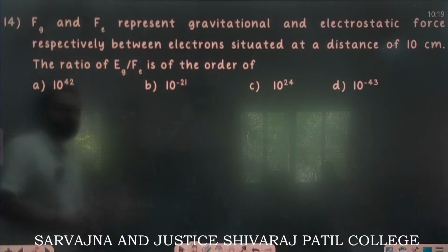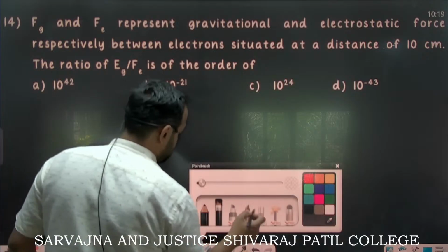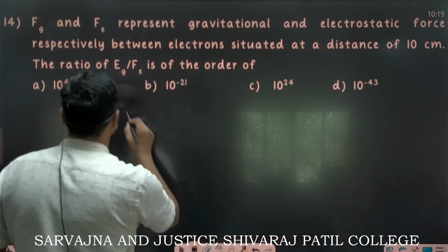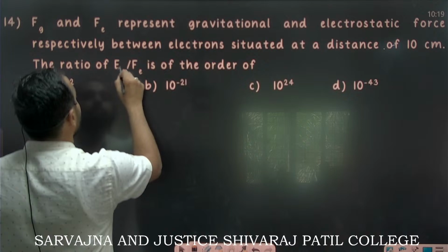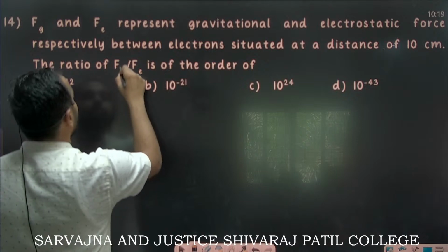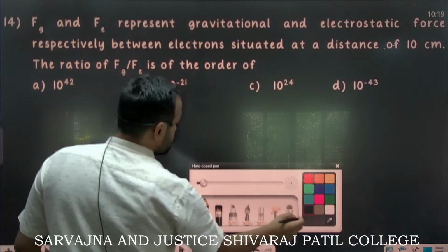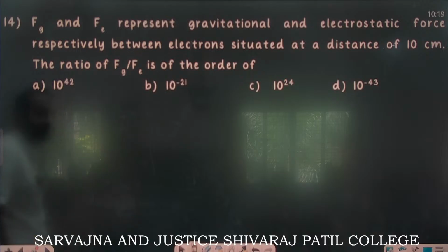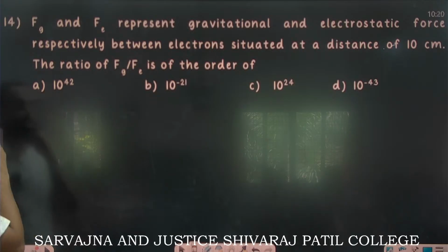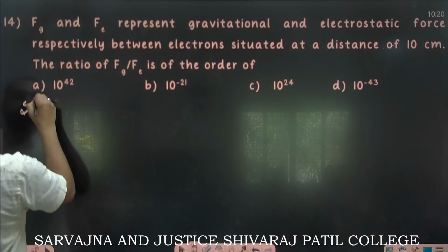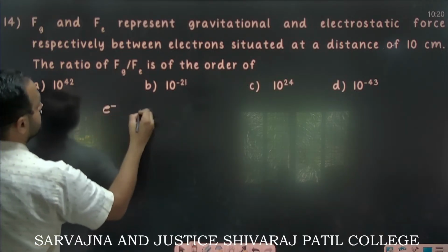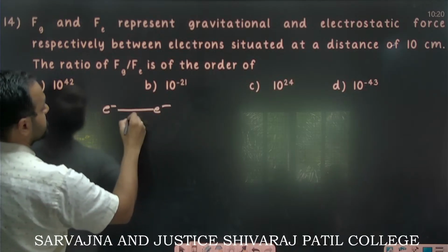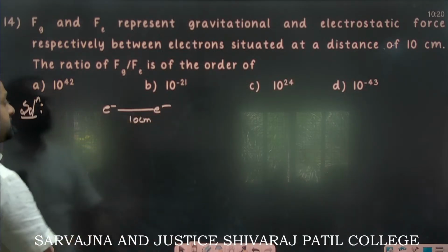The ratio of Fg by Fe, this is the order of. Electron and another electron, what is the distance between them? 10 centimeters.